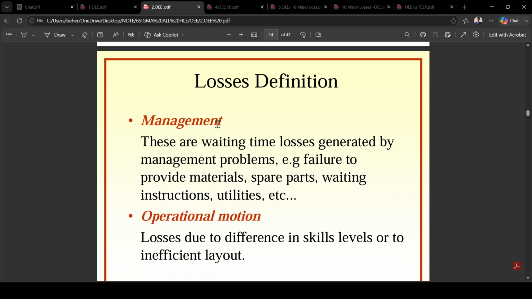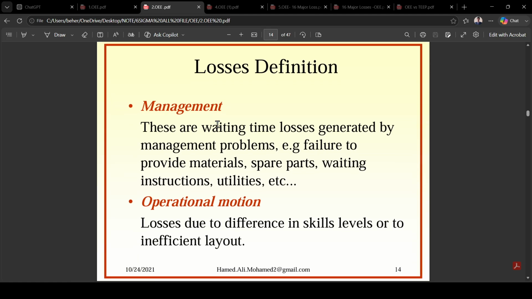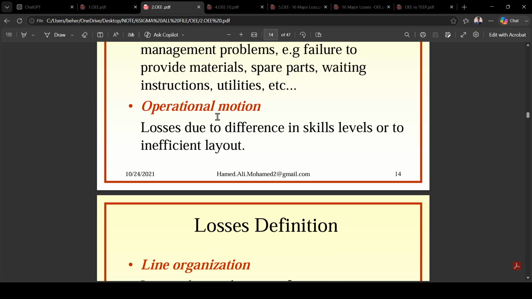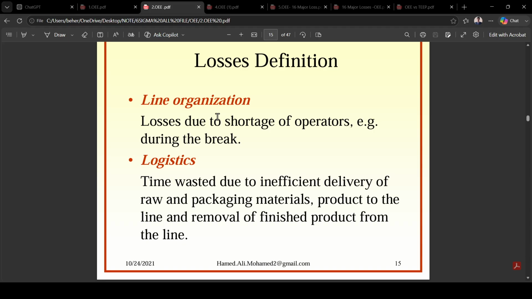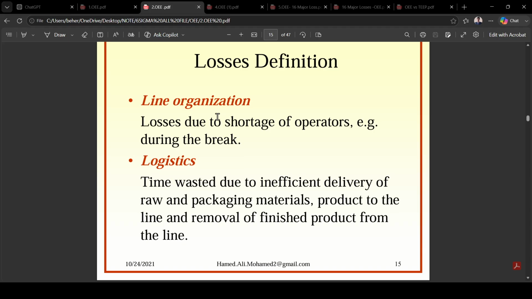And one is management. These are the waiting time losses generated by management problems, for example failure to provide materials, spare parts, waiting for instructions, utilities, etc. And operational motion: losses due to differences in skill level or to inefficient layout. That is operational losses. Then one more loss is line organization: losses due to shortage of operators, for example during breaks.